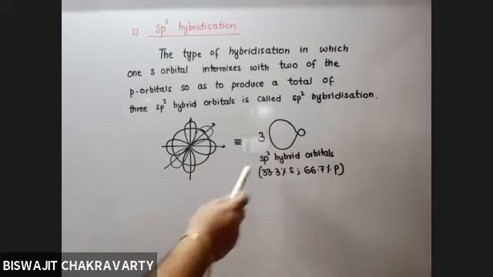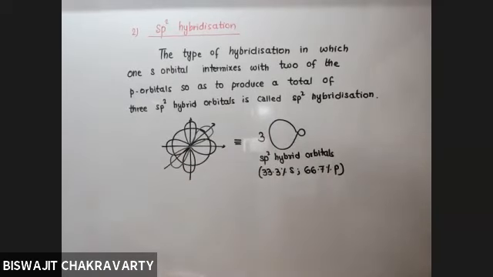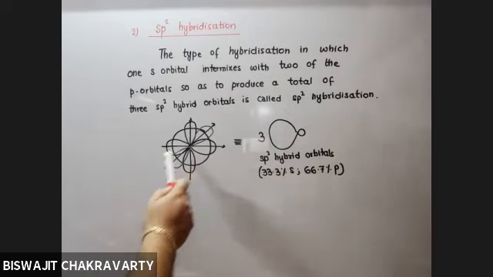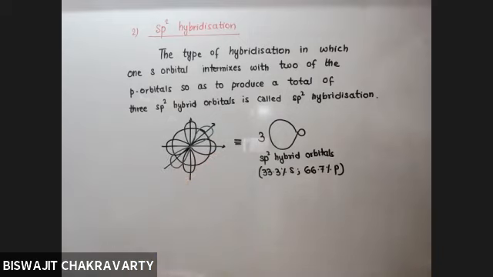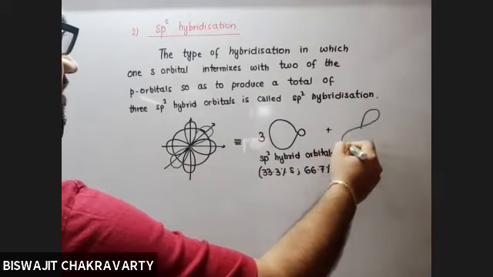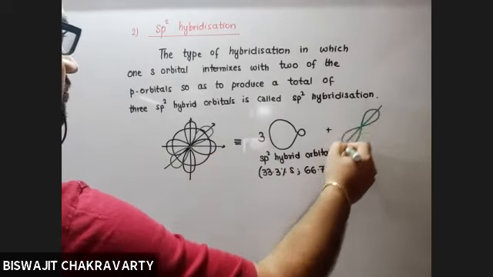Out of the 3, one of them is s. So 1/3 obviously stands for 33.3%, and 2/3 are p orbitals. So that is 66.7%. Now, don't forget the green colored p orbital that did not take part in hybridization. So that remains as pure p orbital.